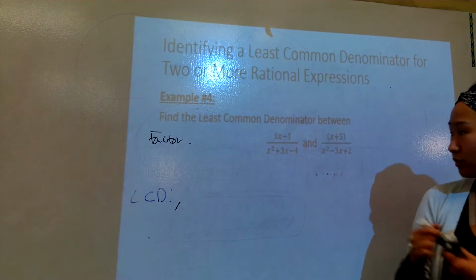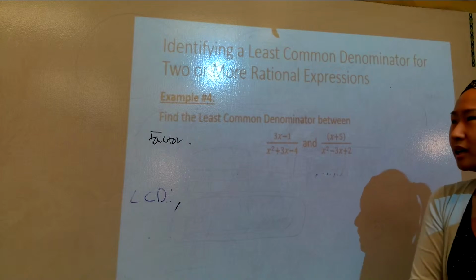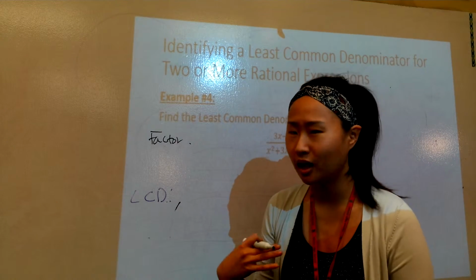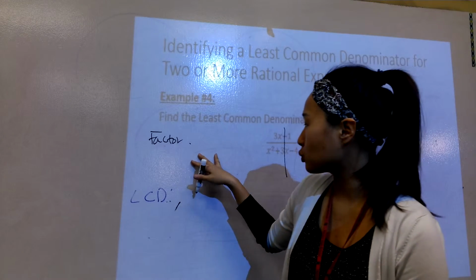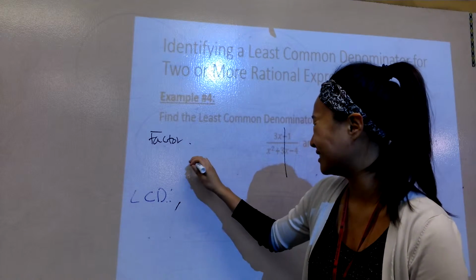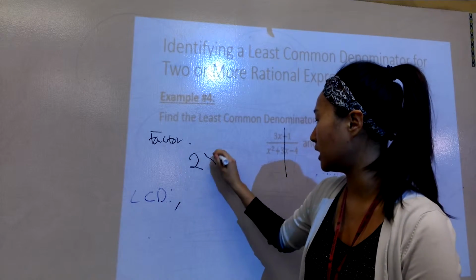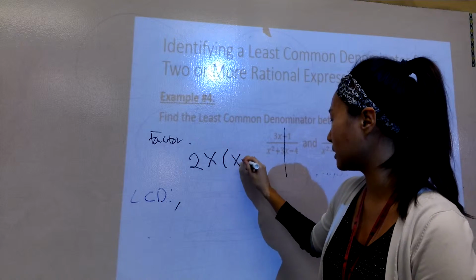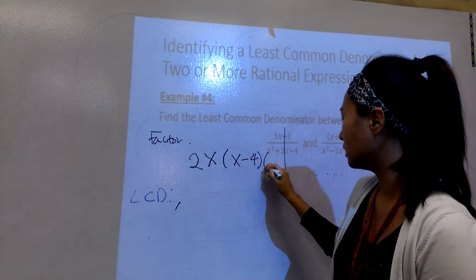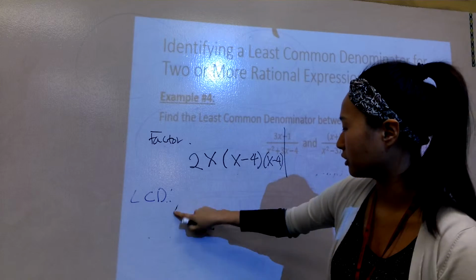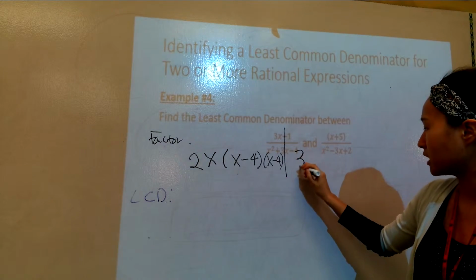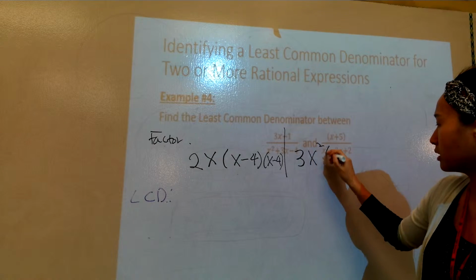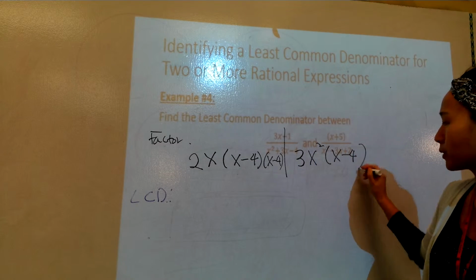I'm going to make up another example. Please ignore whatever it says at the back. Let's say I factor my denominators and I got the following for each one. The first one, factors were, let's make it up, 2x, x minus 4, x minus 4. That's a little long. And then the second one was 3x squared, x minus 4.